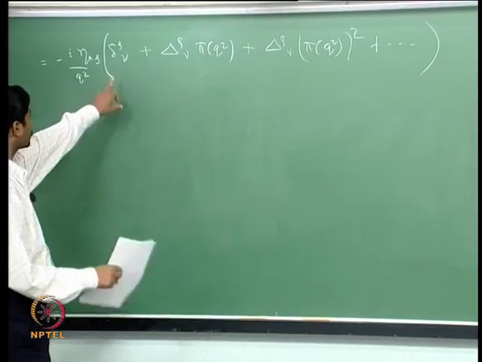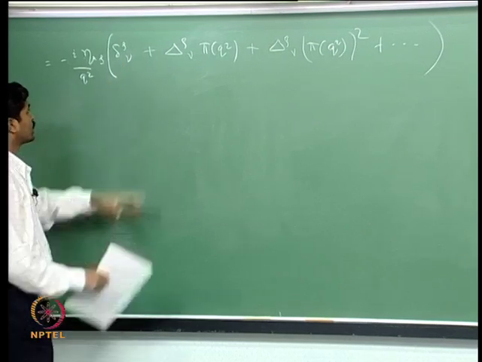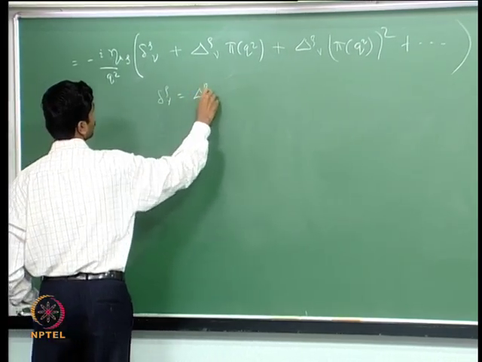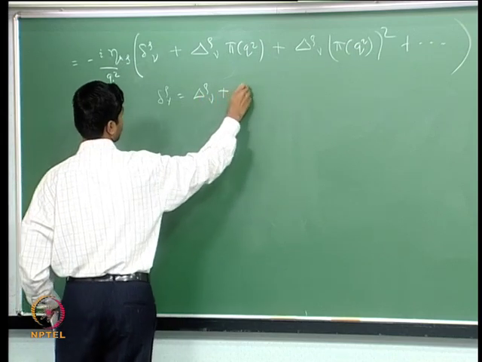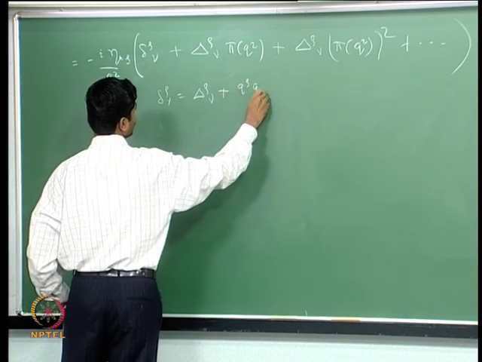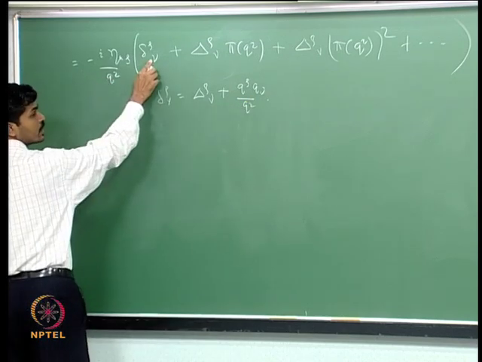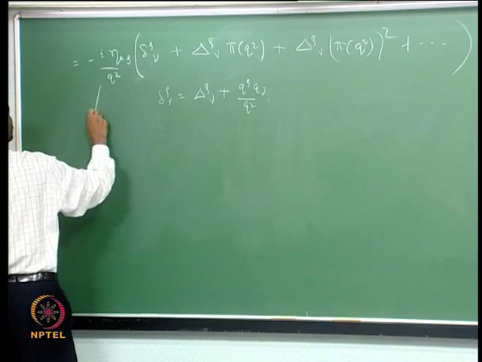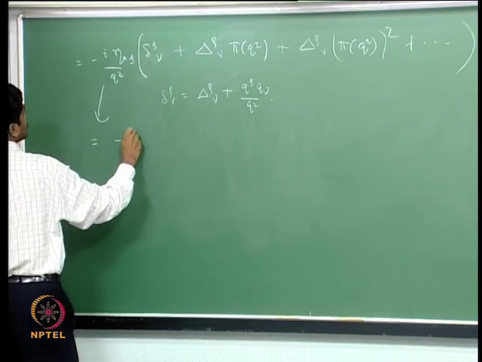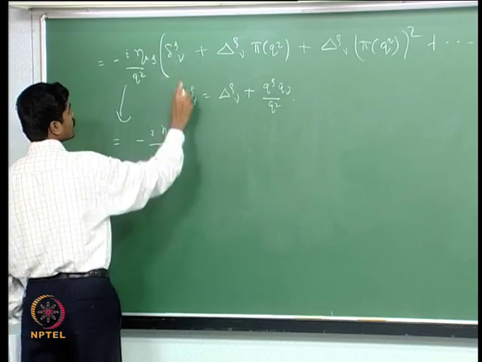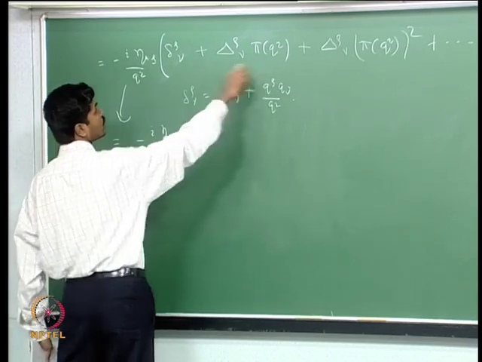The first term also I can write it as delta rho nu is delta rho nu plus q rho q nu divided by q square. If I substitute it here, then this is going to give me minus I eta rho nu over q square. There will be a delta rho nu in all terms.